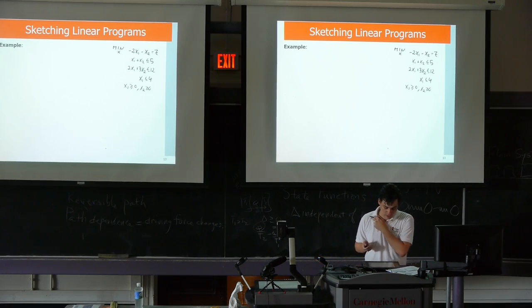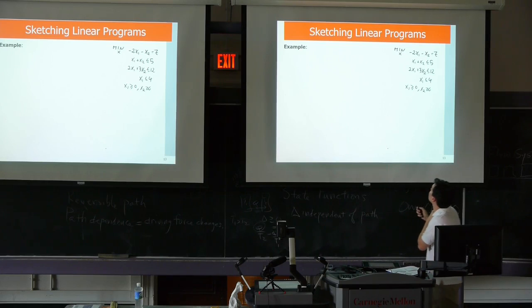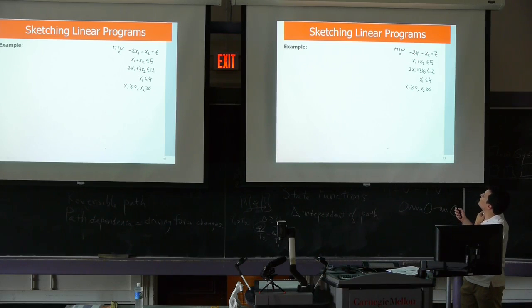Sketching a linear program. So here is an example. We want to minimize minus 2x1 minus x2, and I denote the cost function with z. And we have constraints such as x1 plus x2 is not bigger than 5, 2x1 plus 3x2 is not bigger than 12. We have constraints that x1 is not bigger than 4, and x1 and x2 are non-negative.